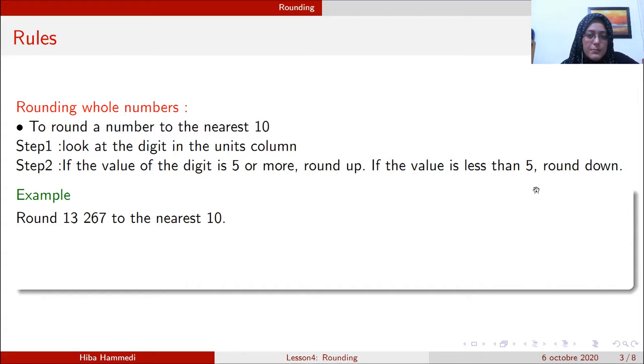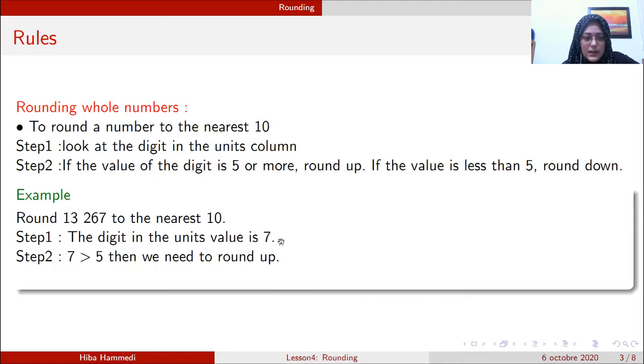But let's take an example to understand this. Imagine I have the number 13,267 to round to the nearest 10, right? So the first thing I need to do is to look at the value in the units. The digit in the units place is 7, and 7 is more than 5.